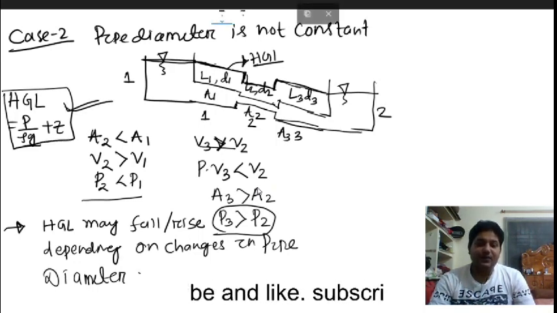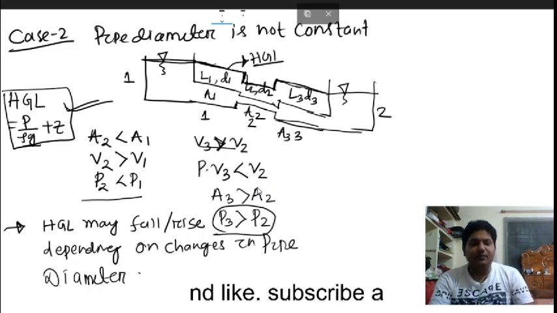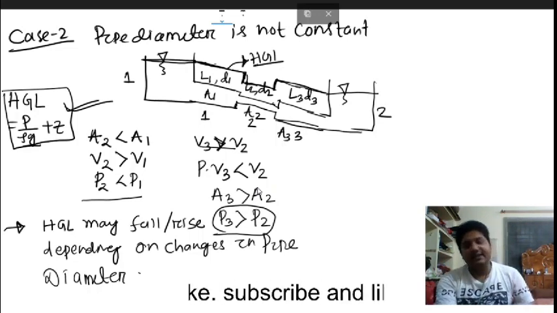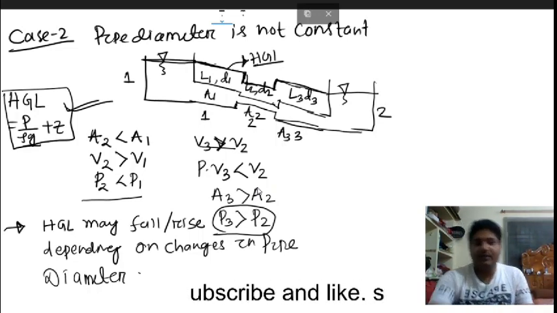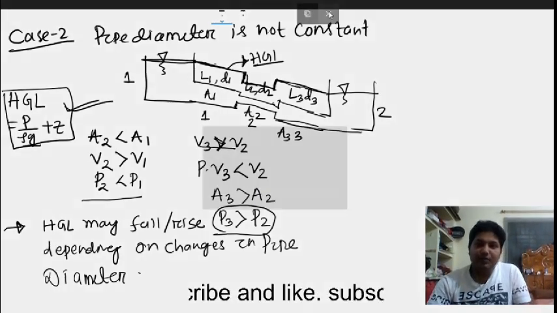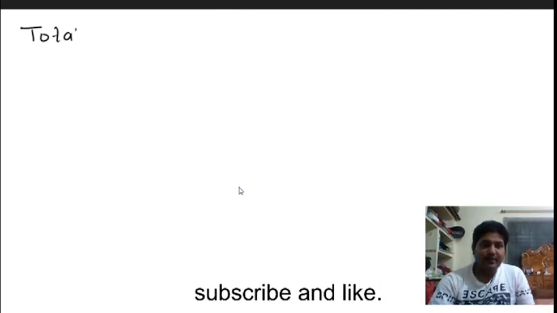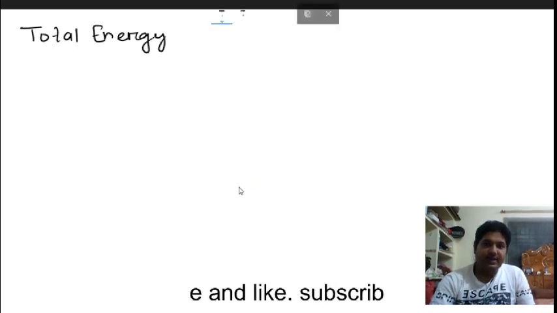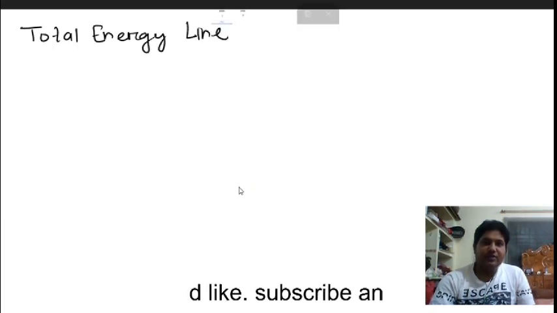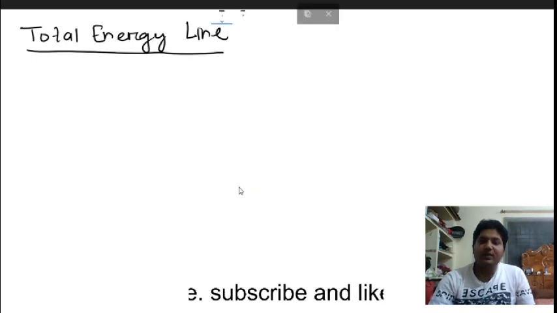Now, what if you talk about the total energy line? This total energy line always includes the losses in the pipe flow.